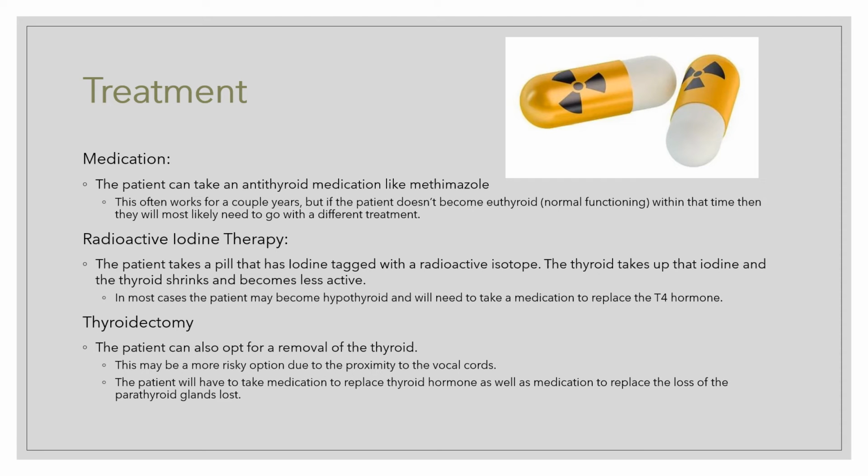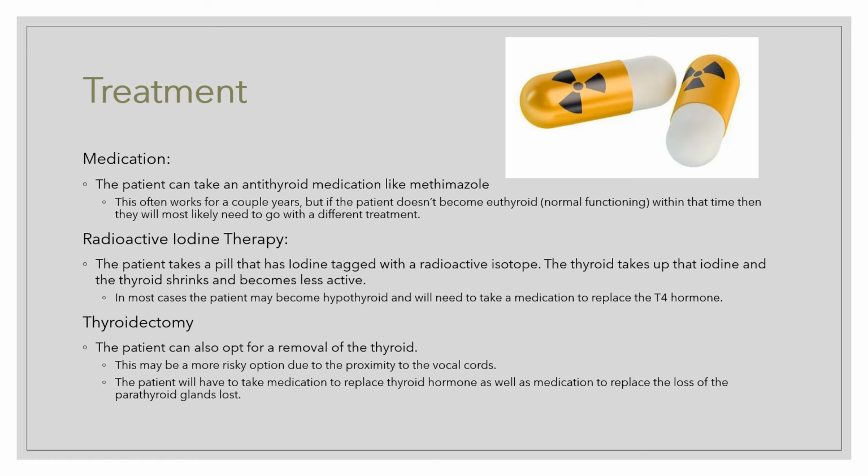There are three main treatment options when it comes to treating hyperthyroidism. The first being medication. This one is often only used for people who have Graves' disease. The patient can take an anti-thyroid medication like methimazole.